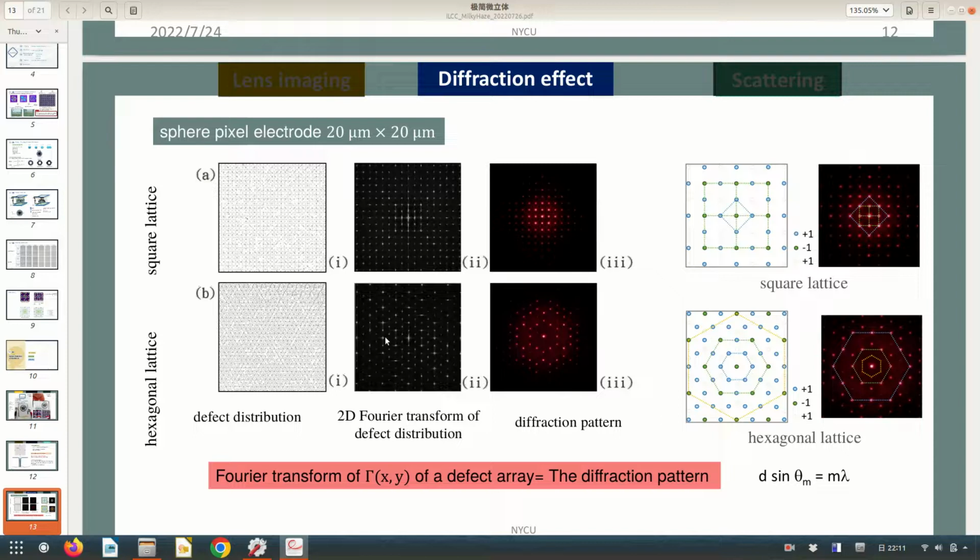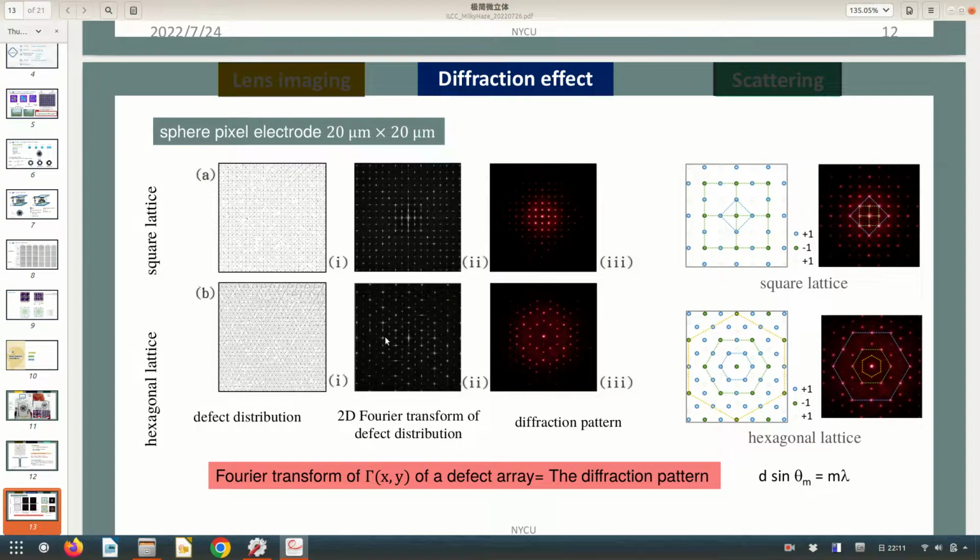Again, due to the zero delta n, the defect core is somehow just like an aperture. So when we let the light through the defect arrays, it shows a diffraction pattern like a two-dimensional grating.